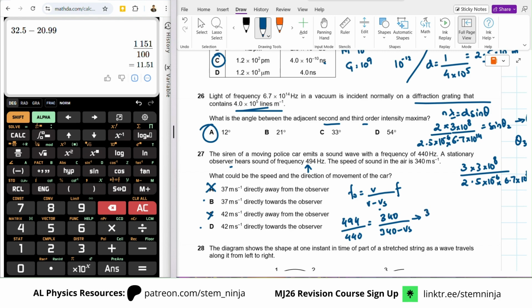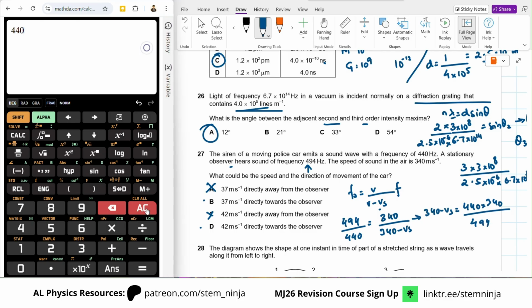So first off, we cross multiply: 340 minus Vs is 440 times 340 divided by 494. So we have 440 times 340 divided by 494. That is this value.